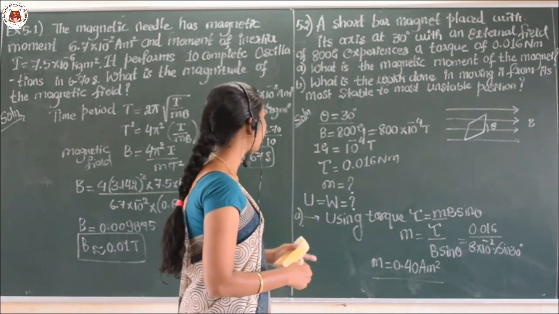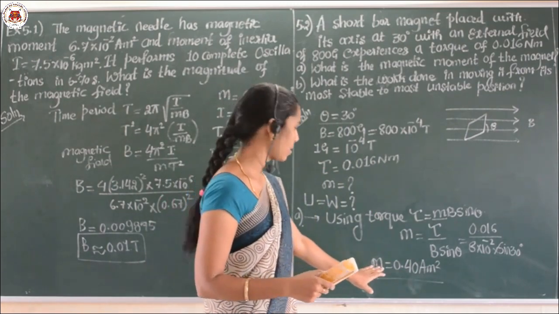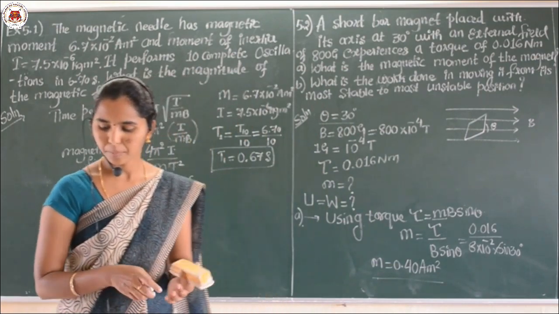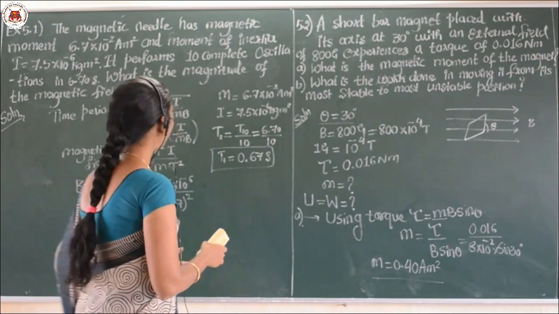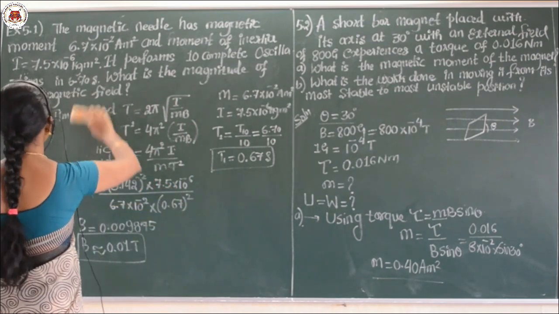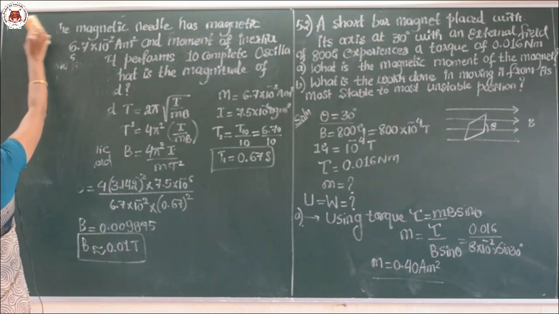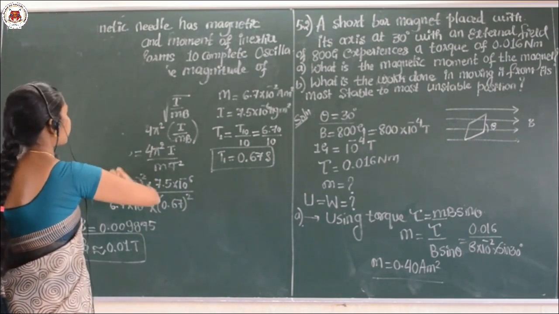For the first question, the answer is m is equal to 0.40 ampere meter square.